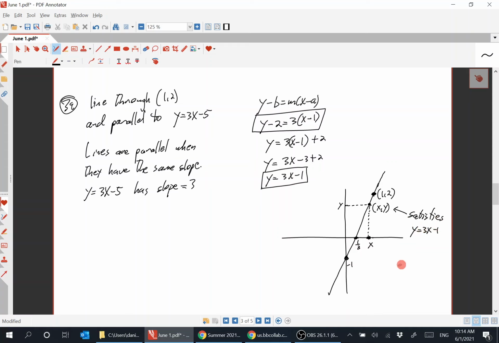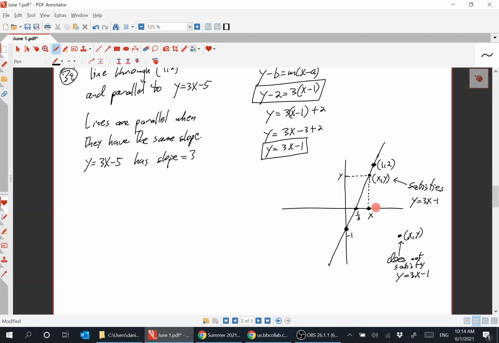Like this (x, y) down here, or anywhere off the line, this does not satisfy y equal to 3x minus 1.